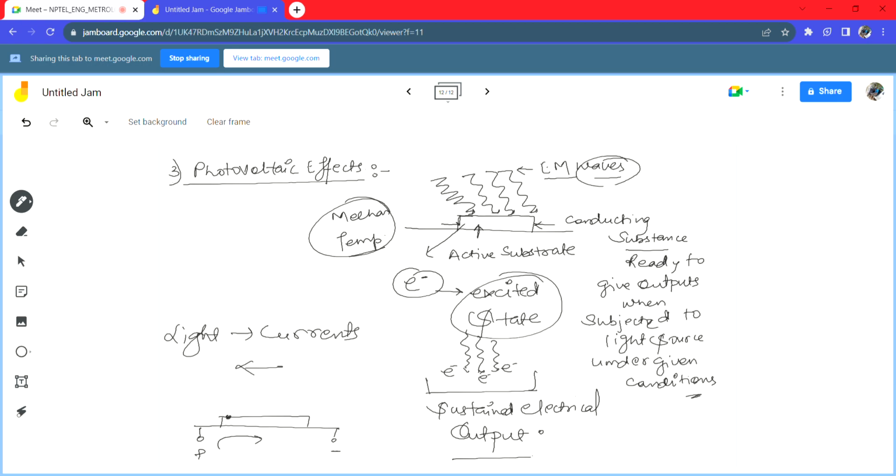The substrate, when activated through this current, would start emitting light. So we would have light. This is the concept of LEDs, the light emitting diodes, or the photodiodes.